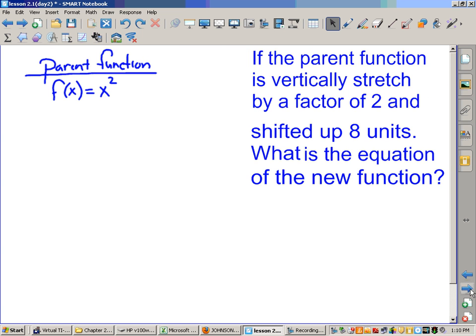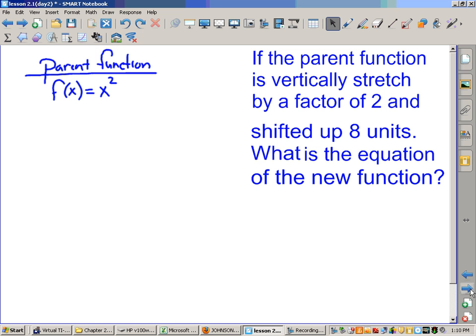On your whiteboard, now you're individually just going to be doing this. I just want you to flip up the answer. If the parent function, and last hour I didn't realize I wasn't writing the parent function down every time, f of x equals x squared, is vertically stretched by a factor of 2 and shifted up 8 units, what's the equation of the new function?